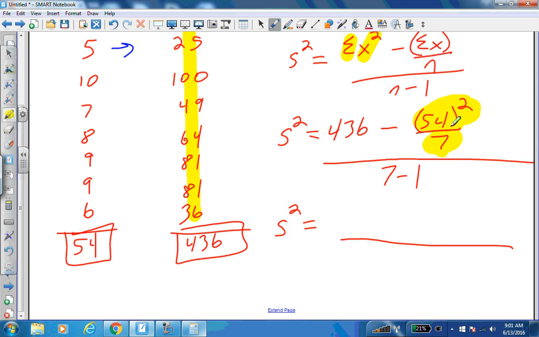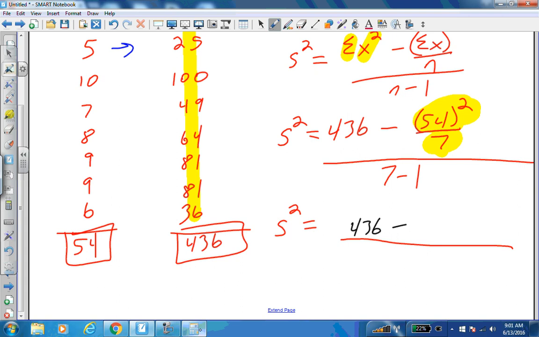We have to take that answer and subtract it from 436. So if you're careful with parentheses, you can put all of this in left or right and be okay. But if you're not careful, then you could end up getting something that's not equivalent to this expression. So if you're uncertain, then just take this a step at a time.